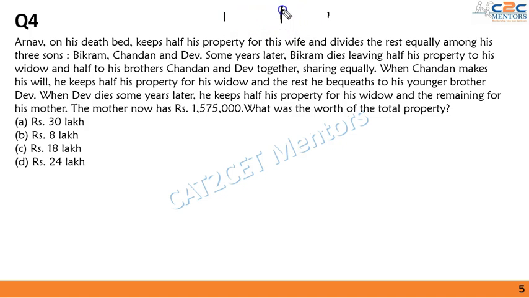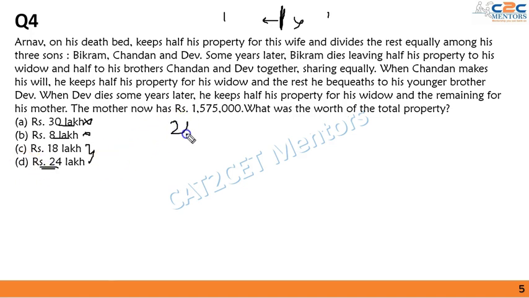But if I take the average of the options, if my calculation is a bit on the higher side, I will move to my left, and in this way the options which are to the right of my option get eliminated, and vice versa. So I will not try for the extreme options, that is the highest 30 lakh or the lowest 8 lakh, and between 18 and 24 you have to choose one of them by hit and trial. So I'm going to go with the 24 lakh option.